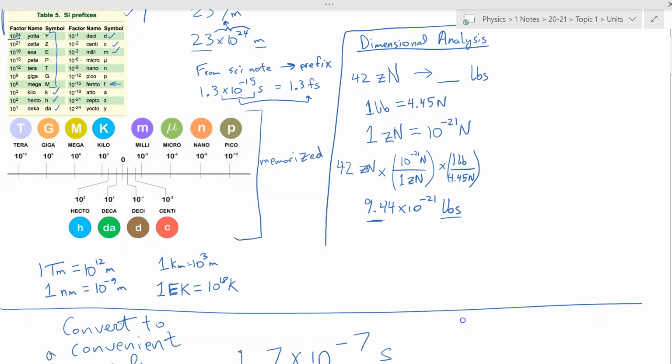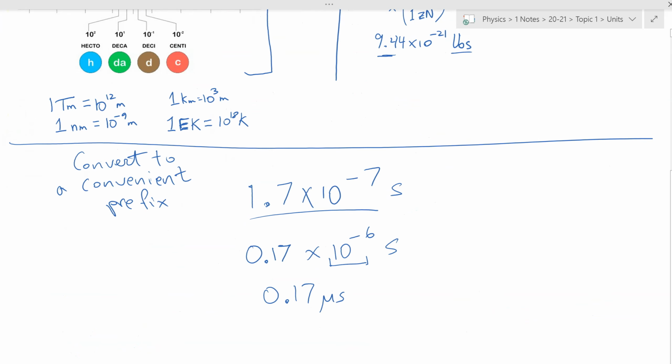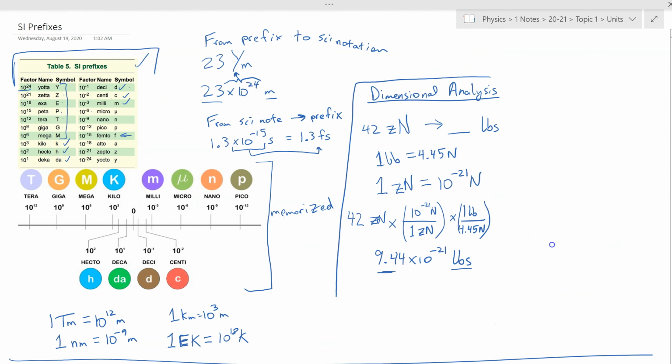What's another one? Let's do another one. Okay. If your computer can store 15 times 10 to the 10 bytes, you could rewrite that. 10 to the 10 is not a prefix if you look at the table.